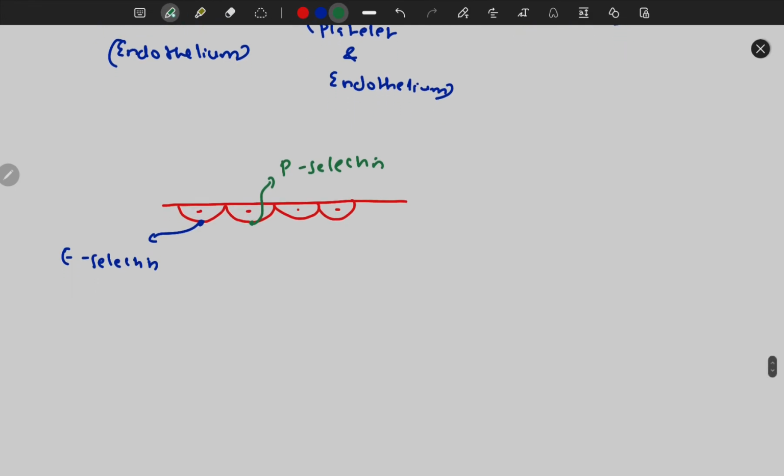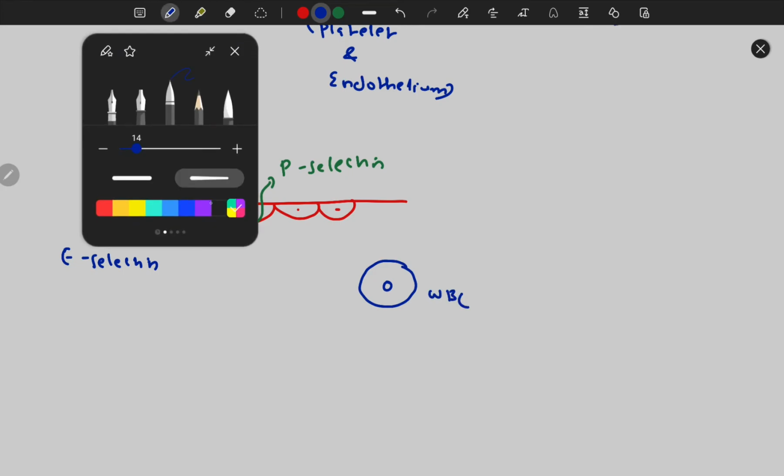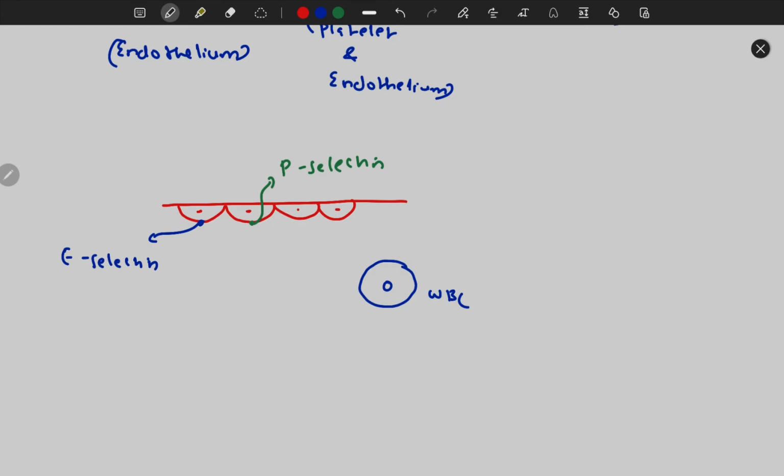In our blood, suppose this is a WBC, that is a leukocyte. This leukocyte will express a molecule that is called L-selectin.